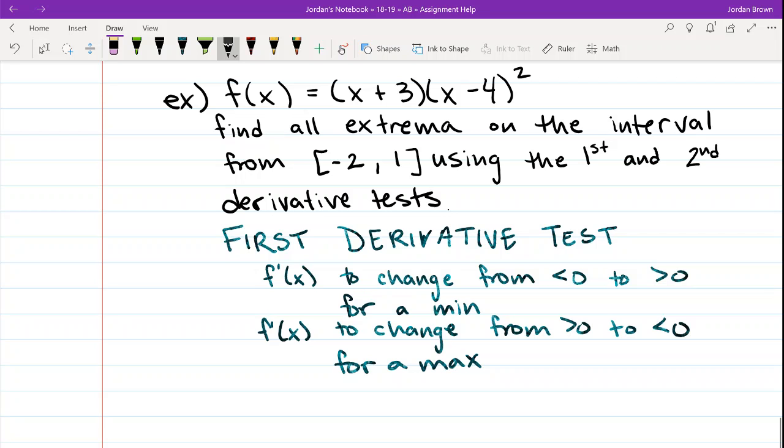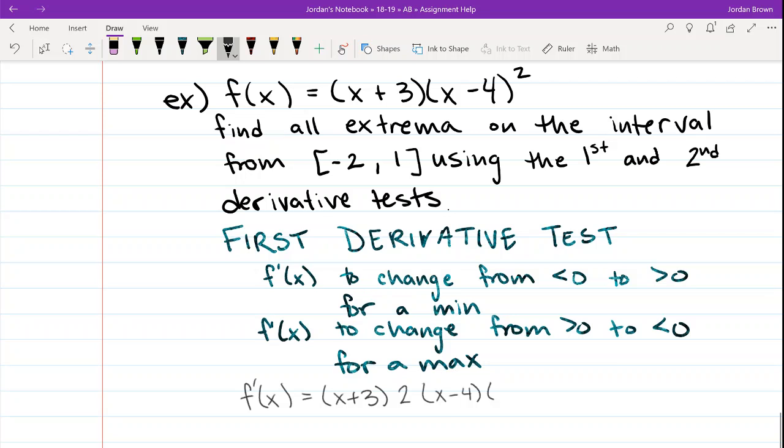So, to take the derivative, we're going to need to use product rule, so I'm going to do first. The second involves chain rule, so I'm going to bring down the power. The power was 2, so I write that in front. I leave the guts alone for the first round. 2 minus 1 is just 1, and I don't need to write just the 1 power up here.